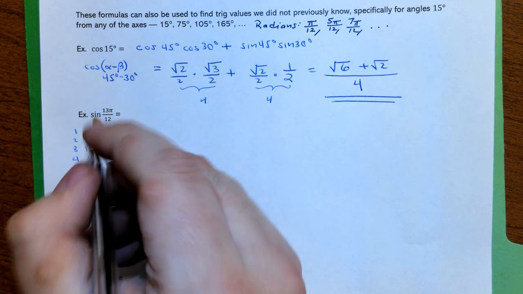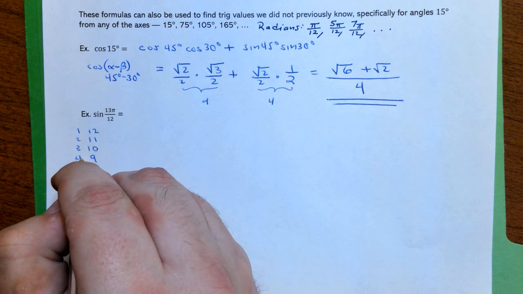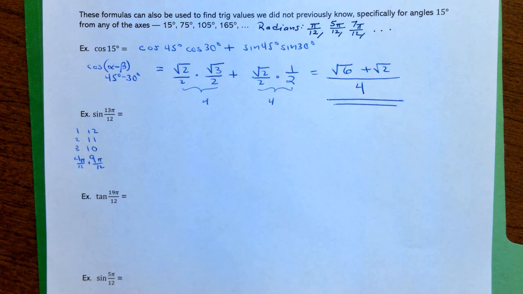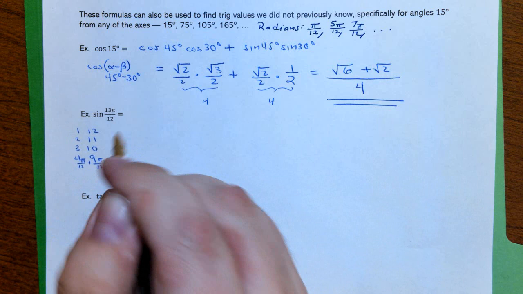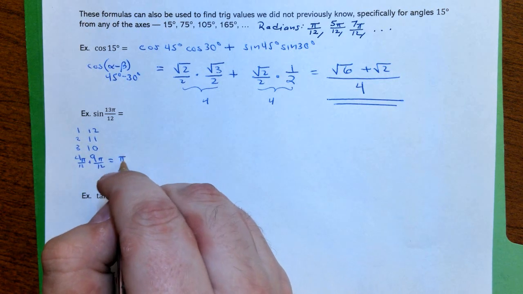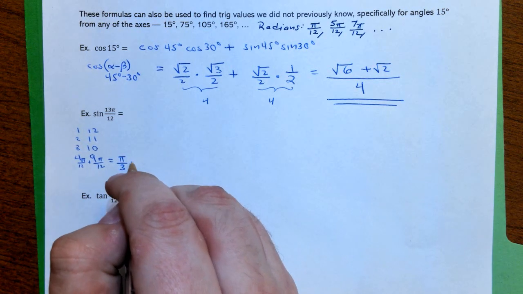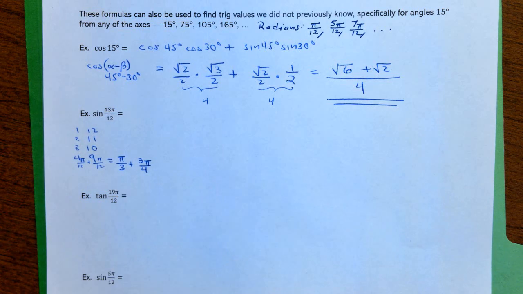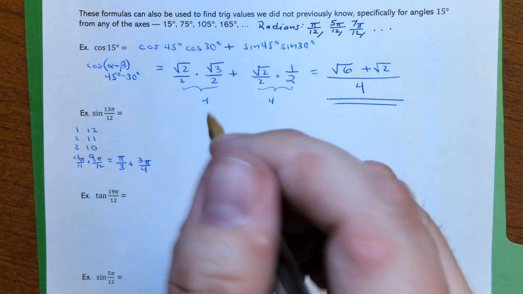So if I think of 13 pi over 12 as 4 pi over 12 plus 9 pi over 12, then I can understand this as, oh, 4 pi over 12 is pi over 3. 9 pi over 12 is 3 pi over 4. And now these are values from the unit circle that I actually know. Okay?